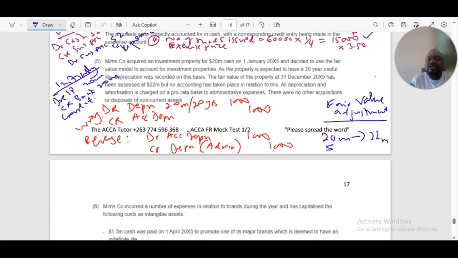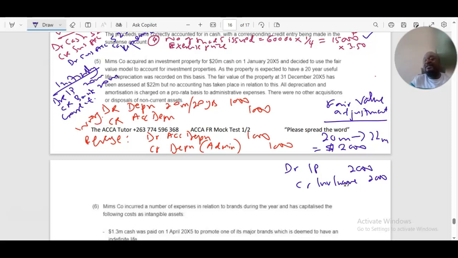So there was an appreciation of 2 million, which is $2,000. So how are we going to account for this? We are going to debit investment property with 2,000, and we credit investment income, $2,000.